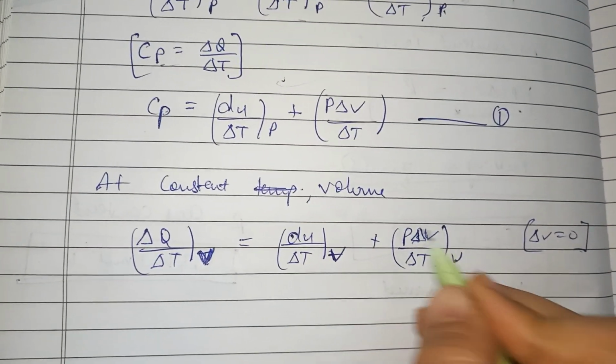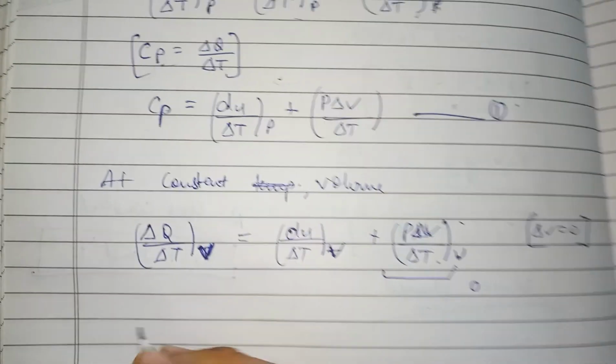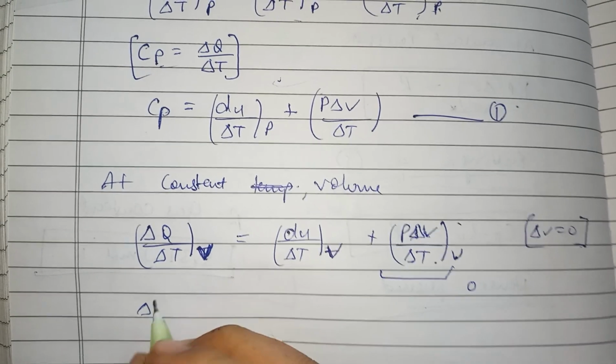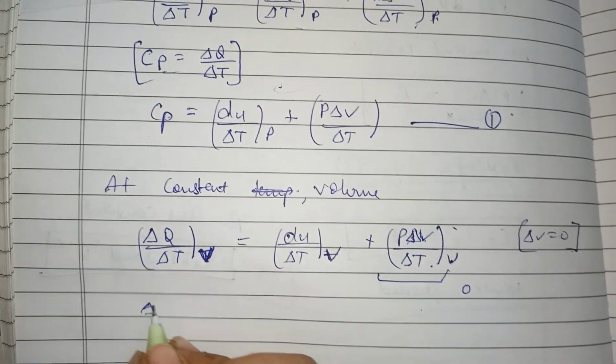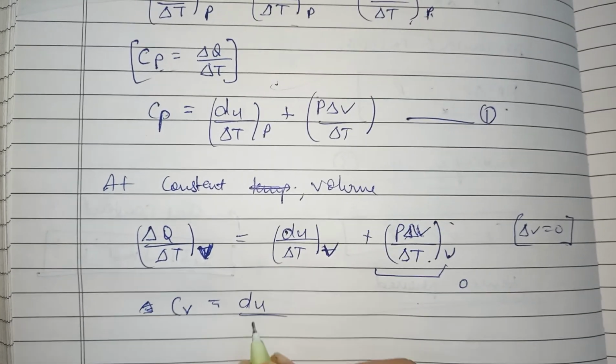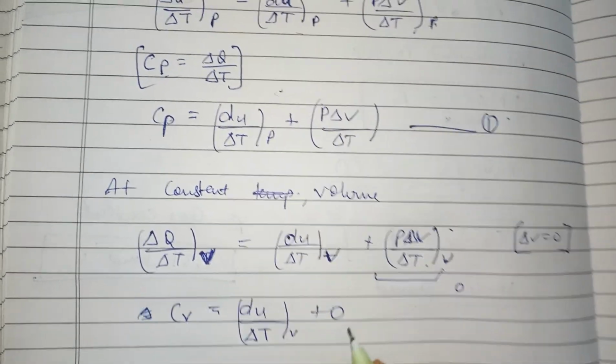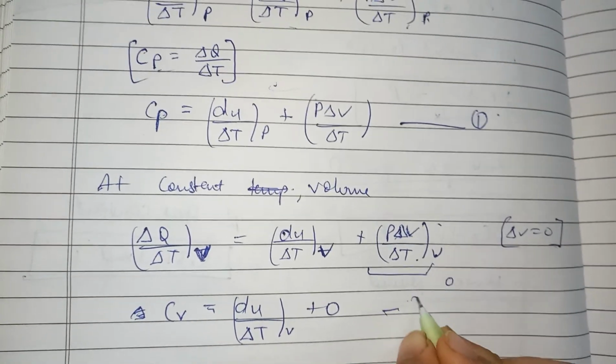Therefore, this term will be 0. So delta Q by delta T, which is equal to Cv, is equal to dU upon delta T plus 0. Now let this be equation 2.